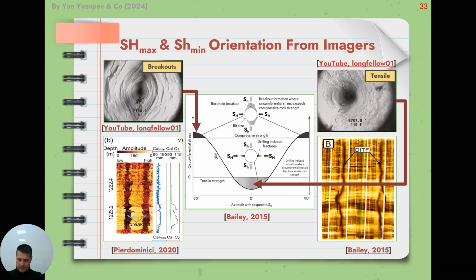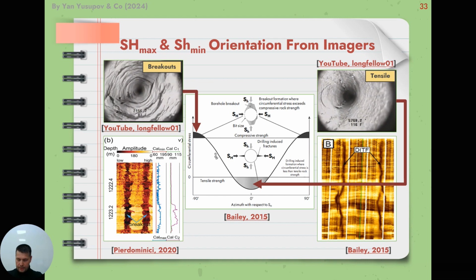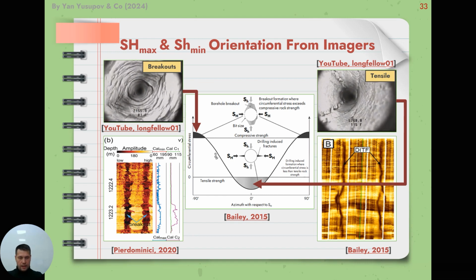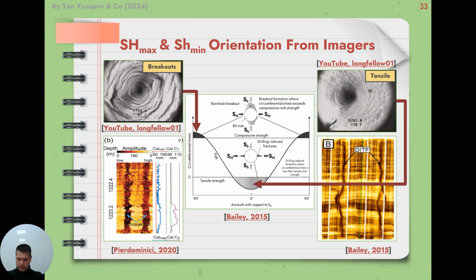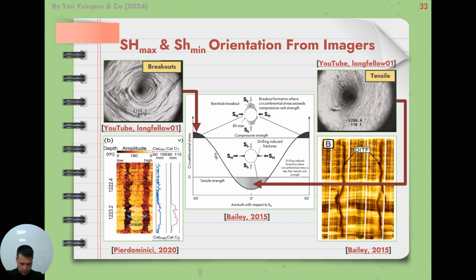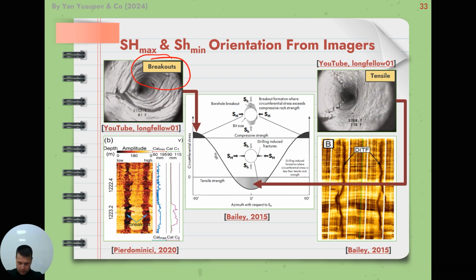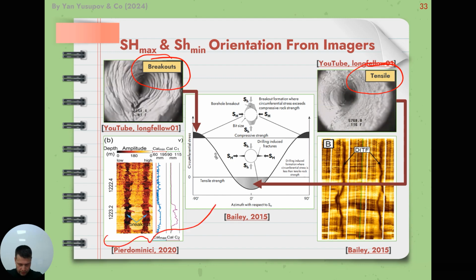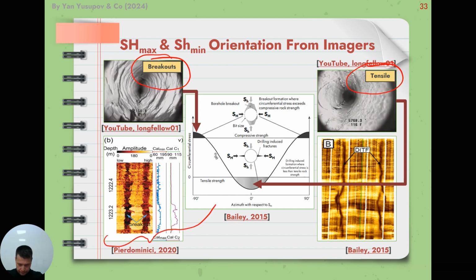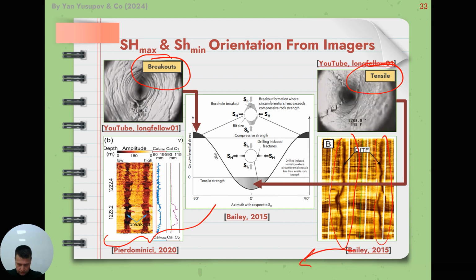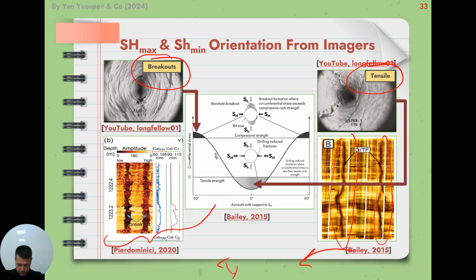SHmin azimuth is 90 degrees according to the breakouts orientation. Consequently, the SHmax direction is near 0 degrees. This is a breakout and a tensile drilling-induced fracture. This picture characterizes breakouts, and this picture characterizes tensile fractures.